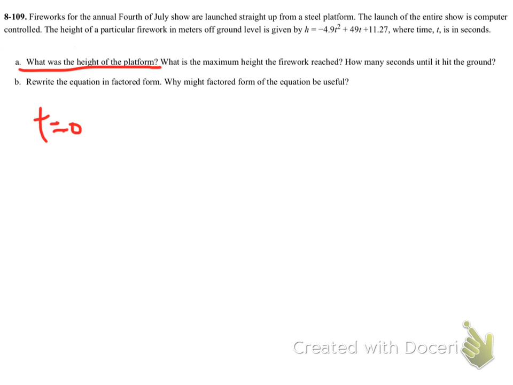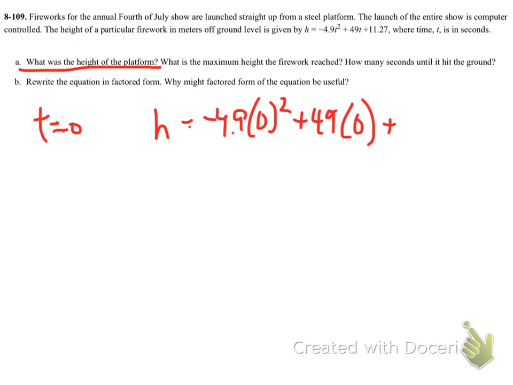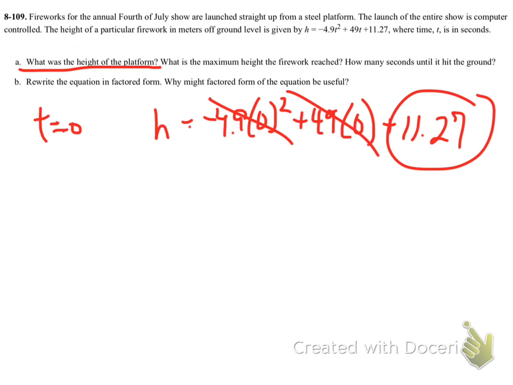So the height is negative 4.9 times 0 squared plus 49 times 0 plus 11.27. All these become zeros, so our height is 11.27 meters.